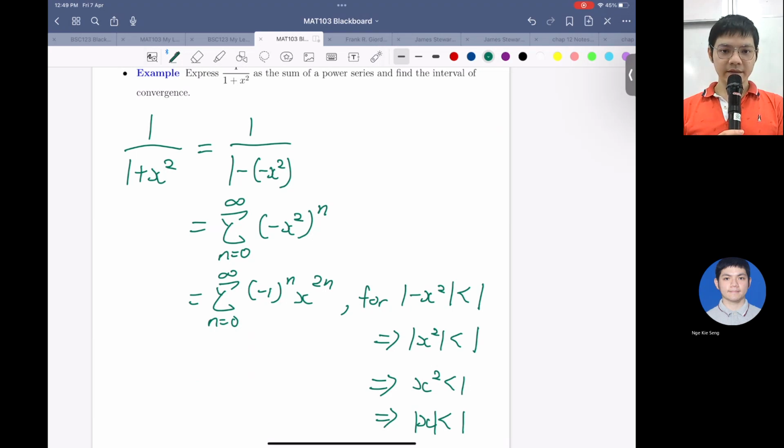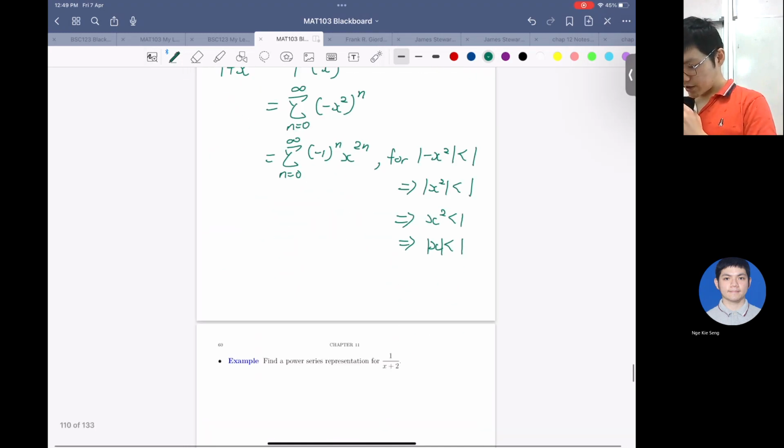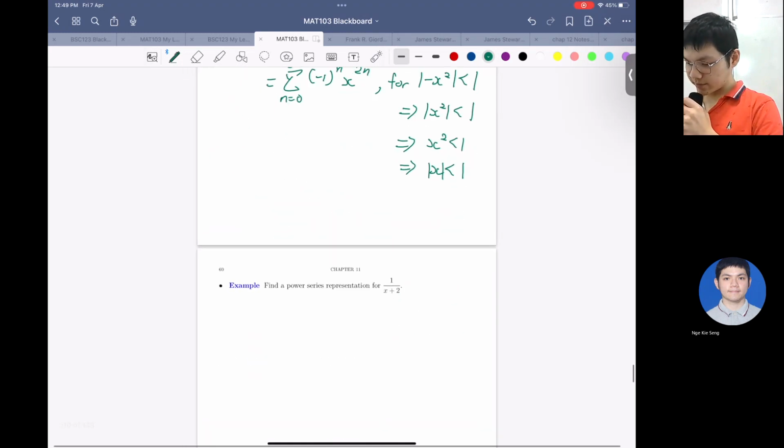Okay, let me see if there's anything special here. So maybe you can try these two examples as well. So do the same thing. This is left for homework, right?